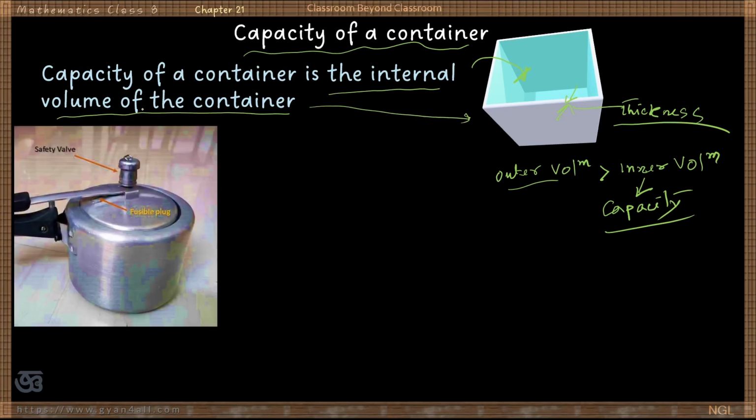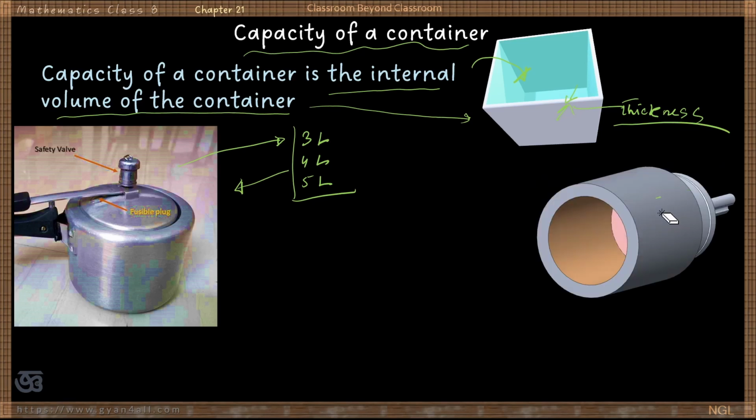For example, you know that pressure cookers come in different sizes like 3 liters, 4 liters, 5 liters, etc. And this indicates the internal capacity or internal volume of the container. The outside volume may be more than the internal volume or the capacity of the container.